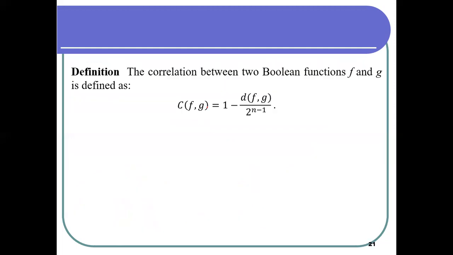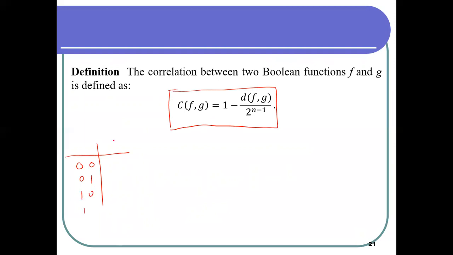This is another definition, based on Hamming distance, of how to calculate the correlation between two Boolean functions, and this is quite easy. With inputs 0 0, 0 1, 1 0 and 1 1, f is 0 1 0 1, and I take g as 1.